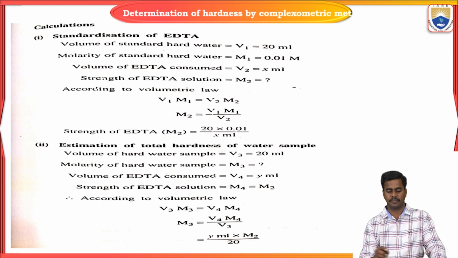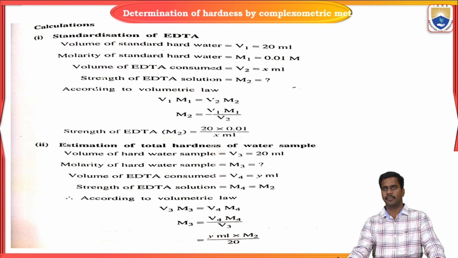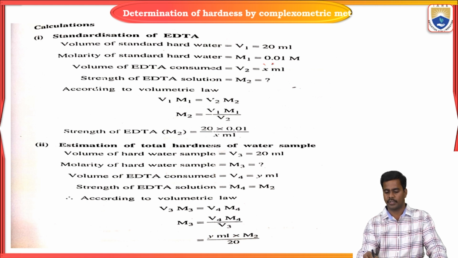Coming to the calculations, the volume of standard hard water, let us consider as 20 ml. Next, the molarity of standard hard water, that is the concentration of the MgSO4 solution. Here we are using MgSO4 solution as hard water to standardize EDTA. So the concentration of MgSO4 solution is 0.01.